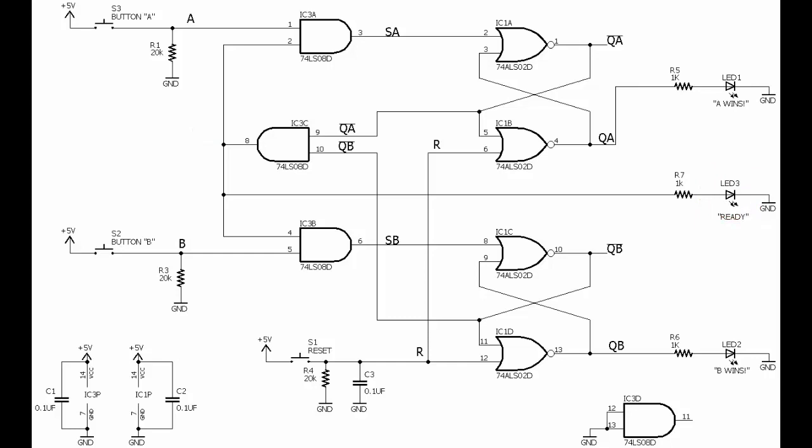Their LED will turn on, either LED 1 or LED 2, and at that point, LED 3, the ready LED, will go dark because the output of that AND circuit now is low. When you press the reset switch, the reset will actually turn off either LED 1 or LED 2, whichever flip-flop had been latched, and then the ready light will come back on again.